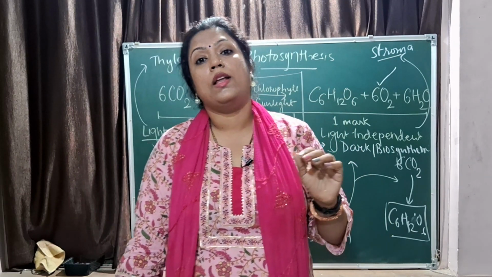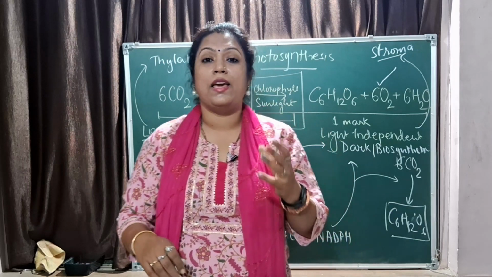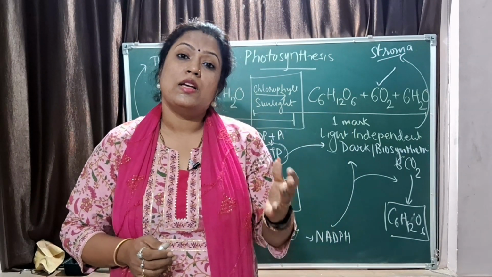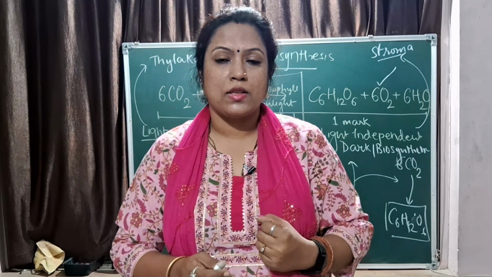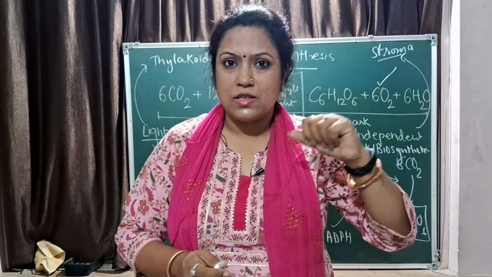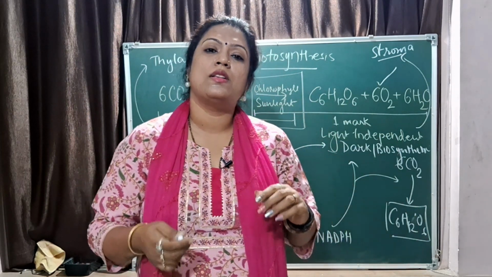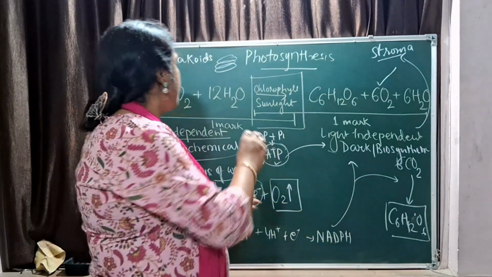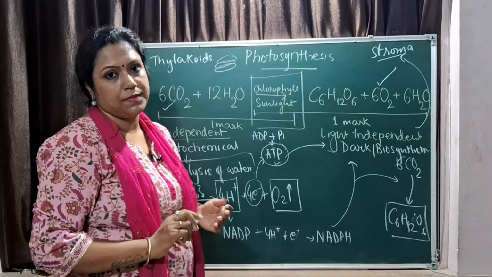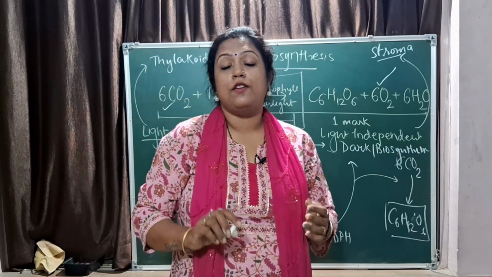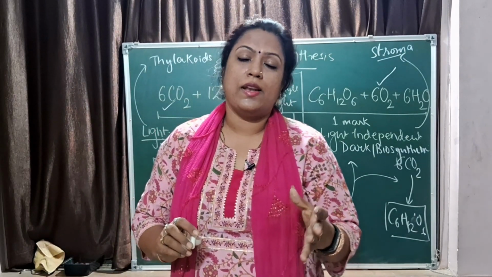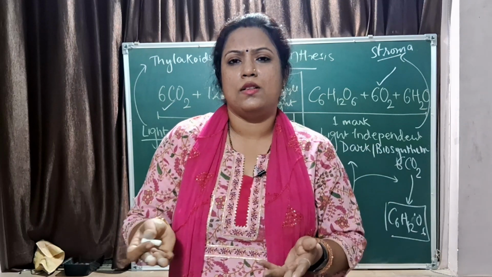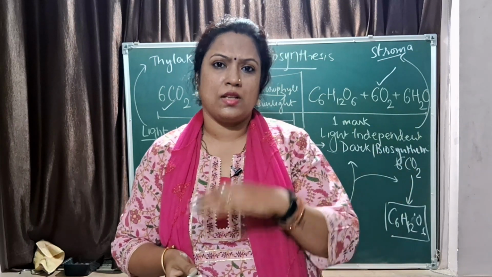Now there are certain experiments where KOH, potassium hydroxide, or soda lime is used to absorb carbon dioxide. If carbon dioxide is absorbed, the experiment is trying to show that photosynthesis can happen only in the presence of carbon dioxide. Is that clear? Then variegated leaves are leaves in which you have different colors: white patches, yellow patches, green patches.